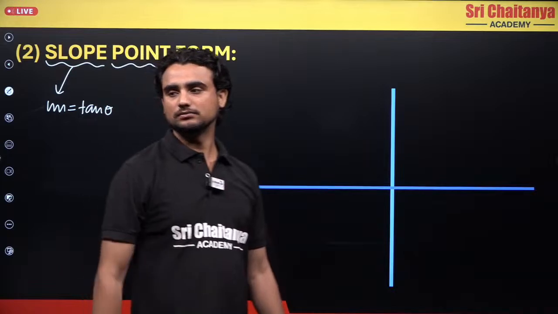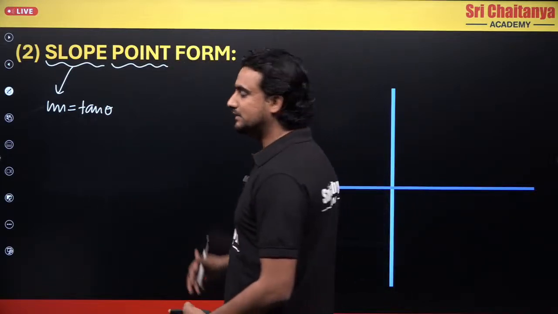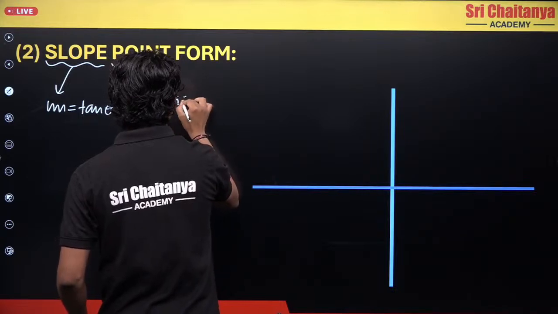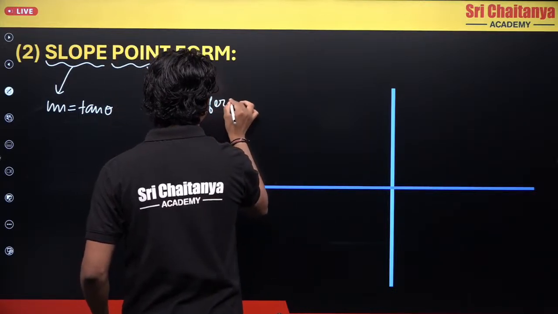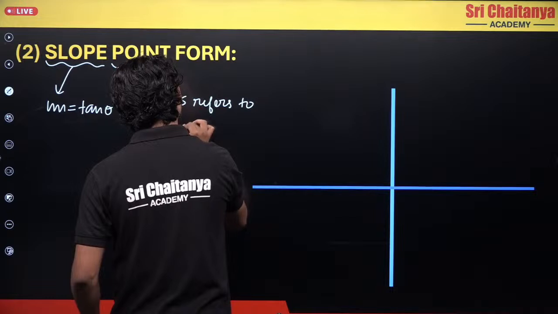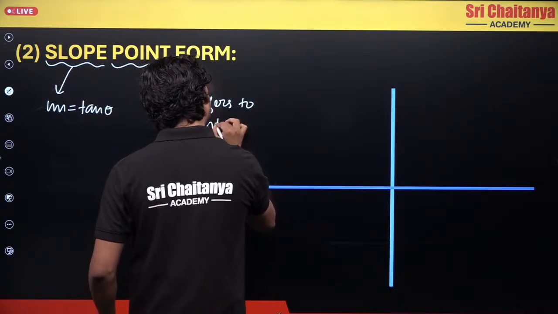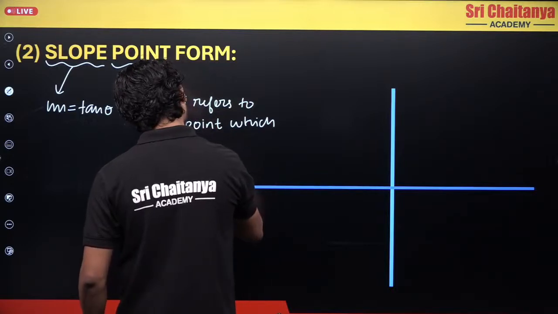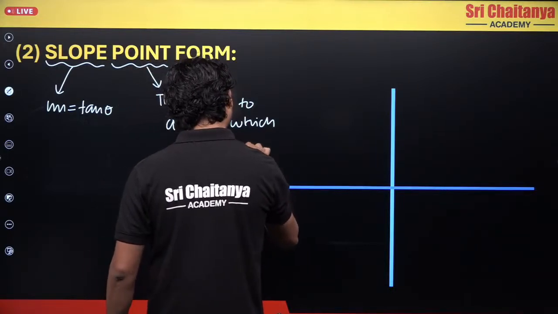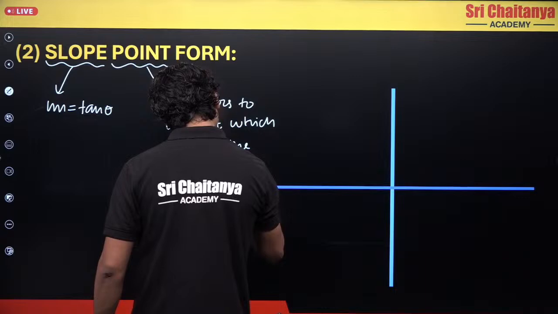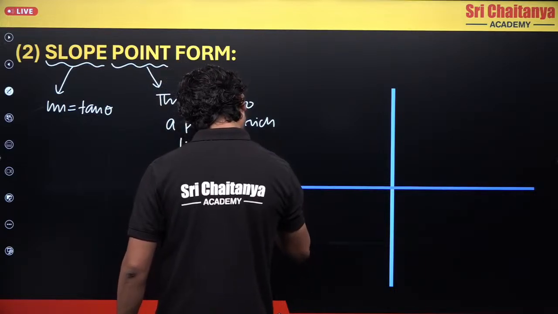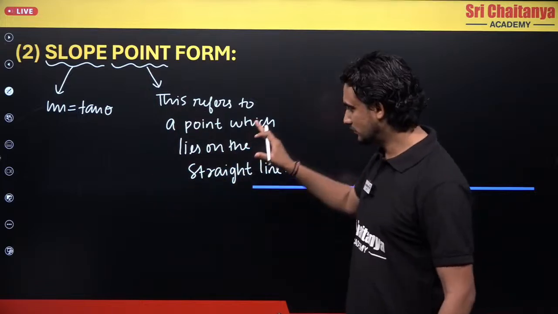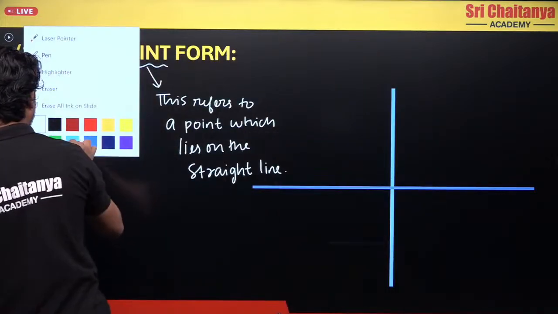Now what is point? When I say point, this refers to a point which lies on the straight line. So let's draw it first.